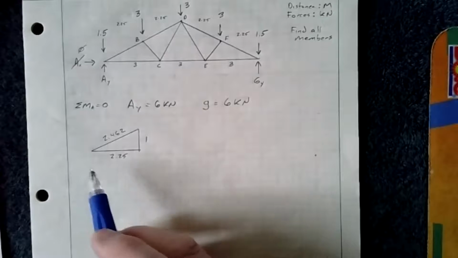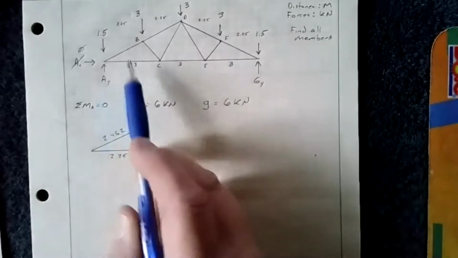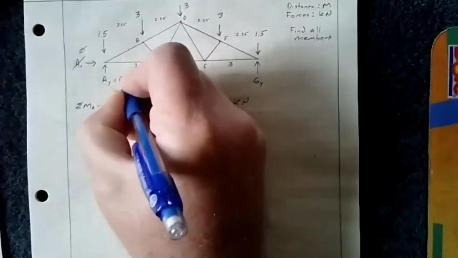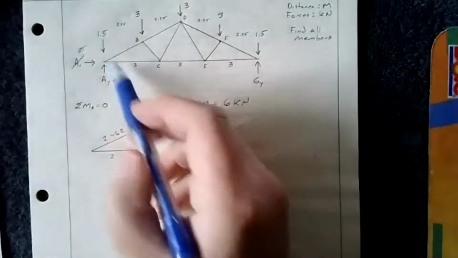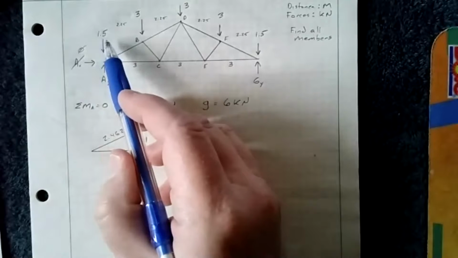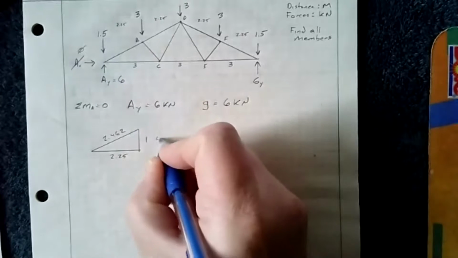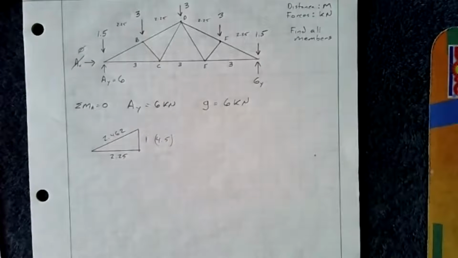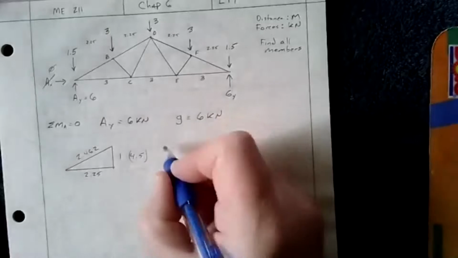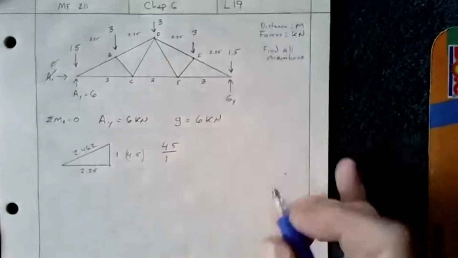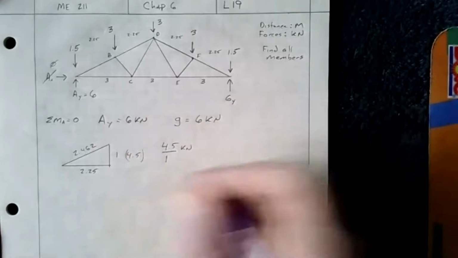Now we can do the proportions, like we did before, to find this. Now we know that's 6. So really the net force going up is going to be 6 minus the 1.5 that's here. So that's going to be 4.5 here. So what we'll do is we'll say 4.5 is to 1, because that's that side triangle.